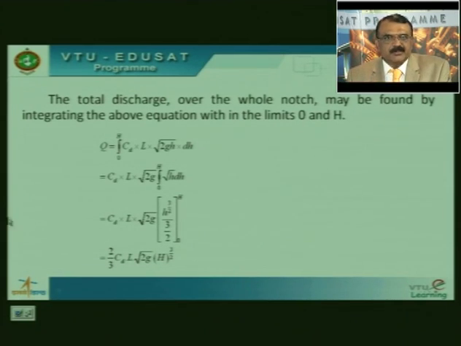So take out CD L root 2g from the integral sign, and you get the integral from 0 to H of root h into dH. If you integrate this and substitute the lower and upper limits, you get the equation Q is equal to 2/3 CD L root 2g into H raised to 3 by 2. In general, Q is equal to 2/3 CD root 2g L H raised to 3 by 2.